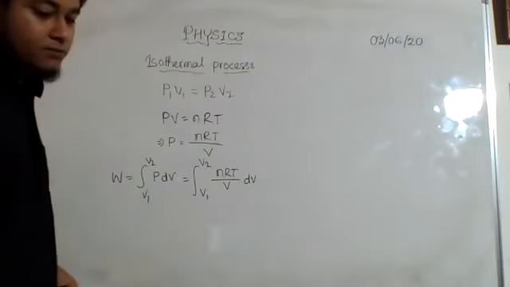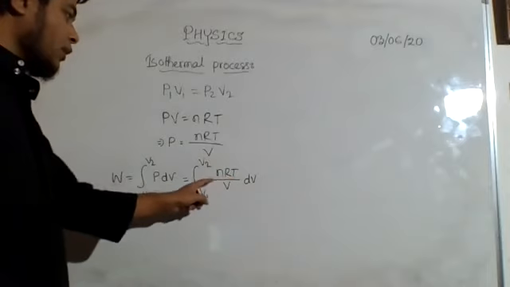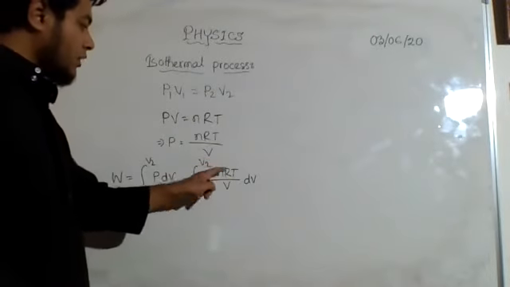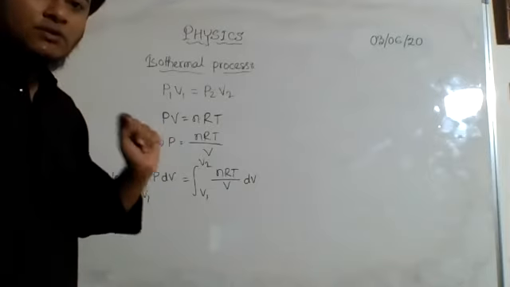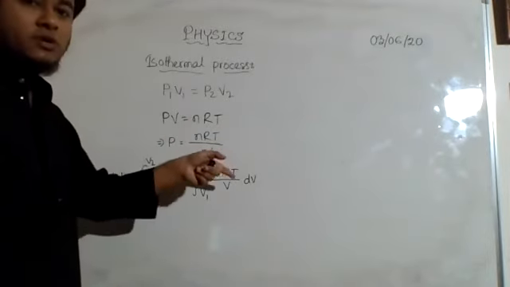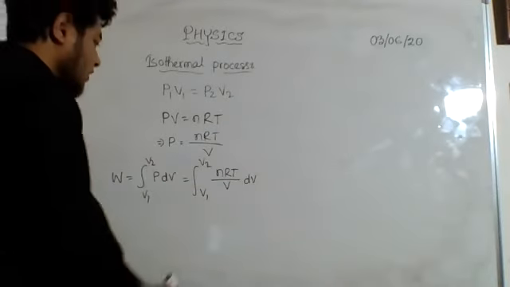Now, if you notice this nRT part, all of these are constant. n is the number of moles, R is the universal gas constant, and temperature, isothermal process, so the temperature is also constant. So this whole nRT part is constant, and it will come out of the integration.